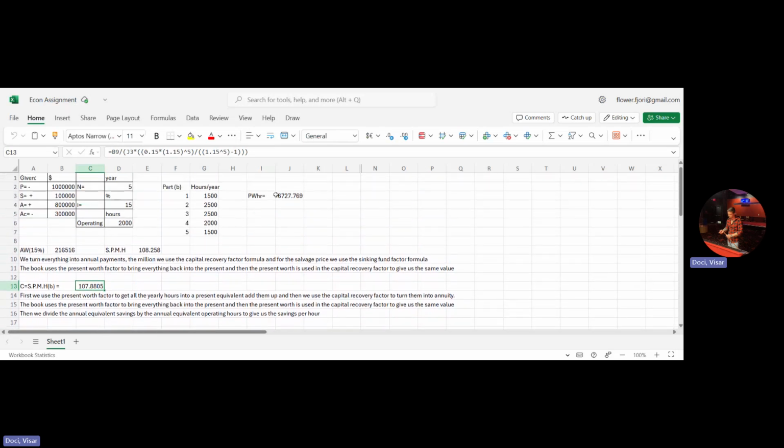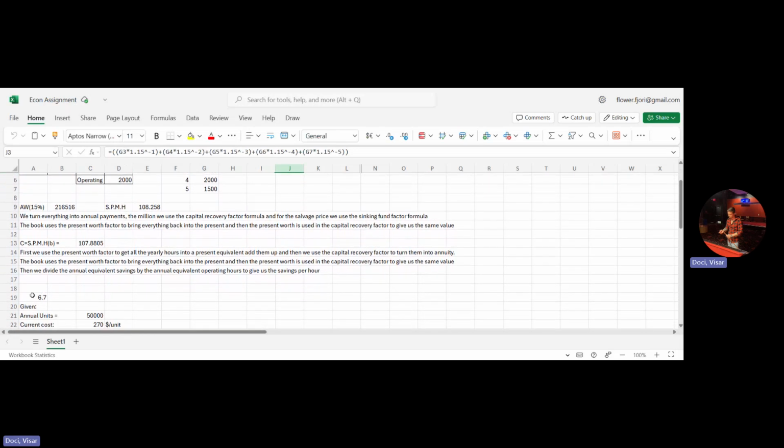Here I have the present worth for the hours. For example, I did 1,500 of the first year times 1.15 to the power of -1, plus the 2,500 of the second year times 1.15 to the power of -2, plus the third year, fourth year, and fifth year. That gives us 6,727.76.